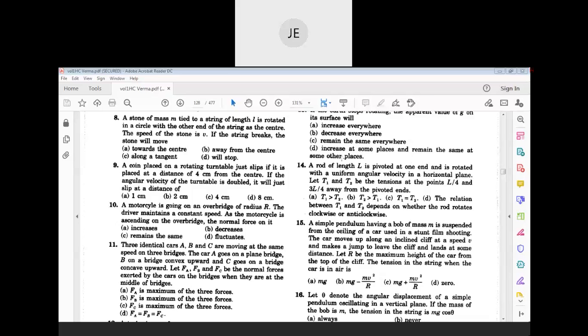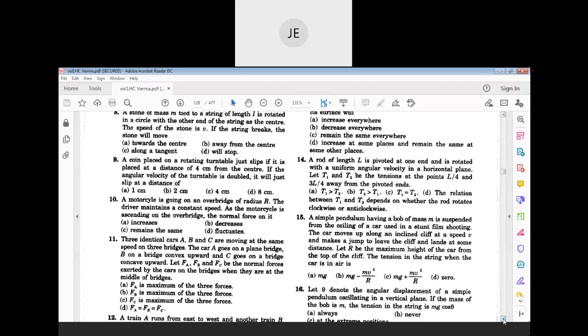The next question. Ninth, a coin is placed on a rotating turntable. It just slips if it is placed at a distance of 4 centimeters from the center. If the angular velocity of the turntable is doubled, it will just slip at a distance of.